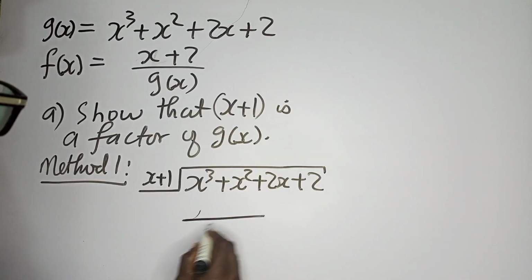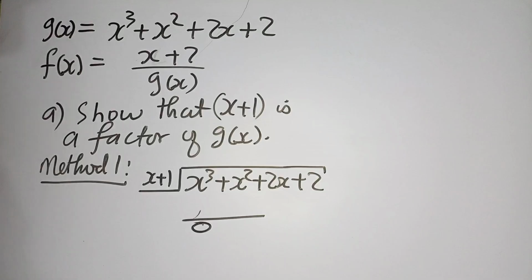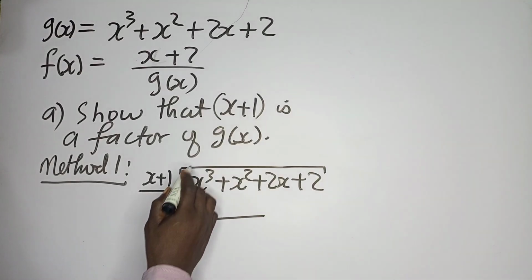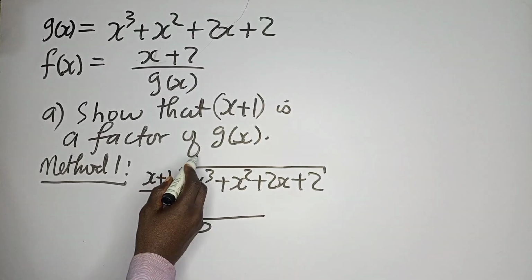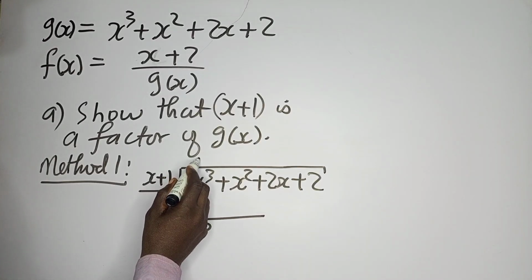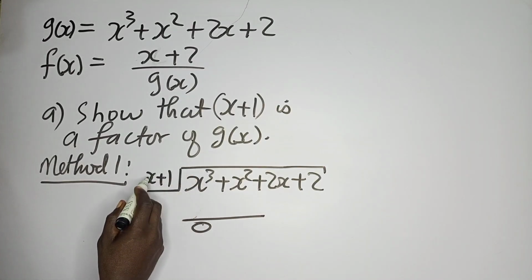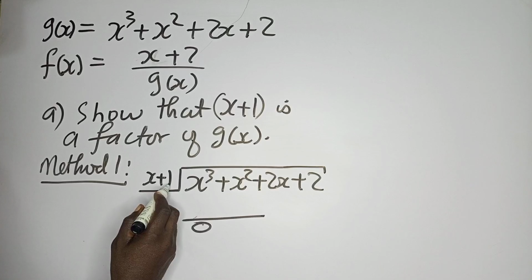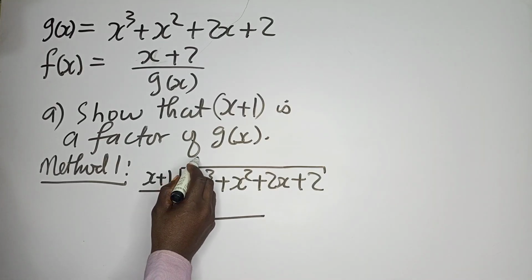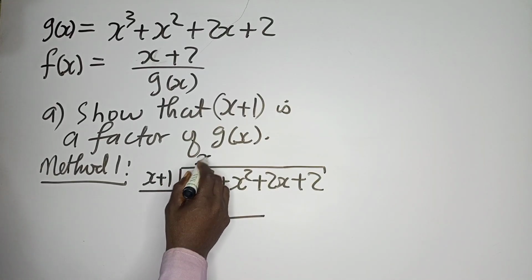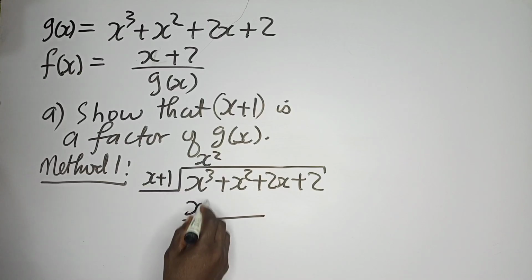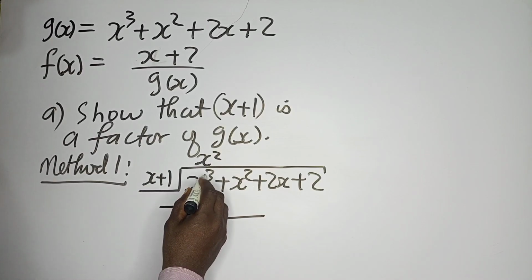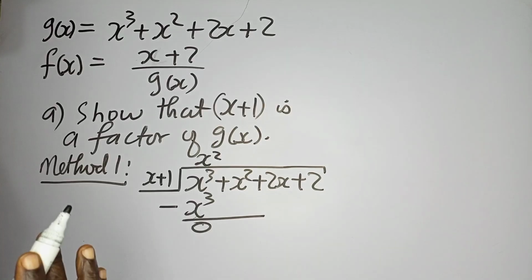Remember, we're going to do subtraction, so we should at least have a 0 in the first column. Remember, we're going to multiply by x and also by 1. So what we can write here is just x squared, so that x squared multiplied by x will give us x cubed. All right, so when we do the subtraction, x cubed minus x cubed is 0.